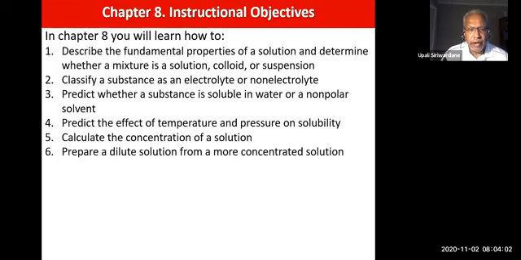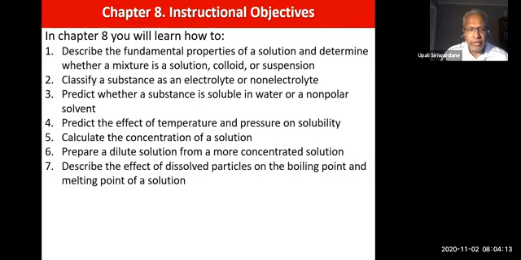You need to know how to prepare dilute solutions from concentrated solutions, which we call dilution problems. We're going to look into the effect of dissolved particles on physical properties such as boiling point and melting point. Melting point is depressed and boiling point is elevated when you dissolve solutes in a solution.